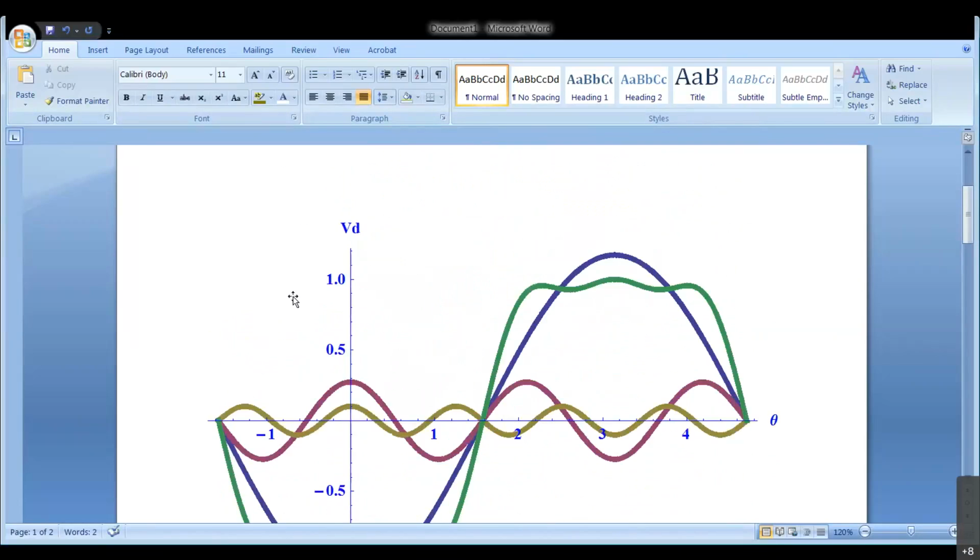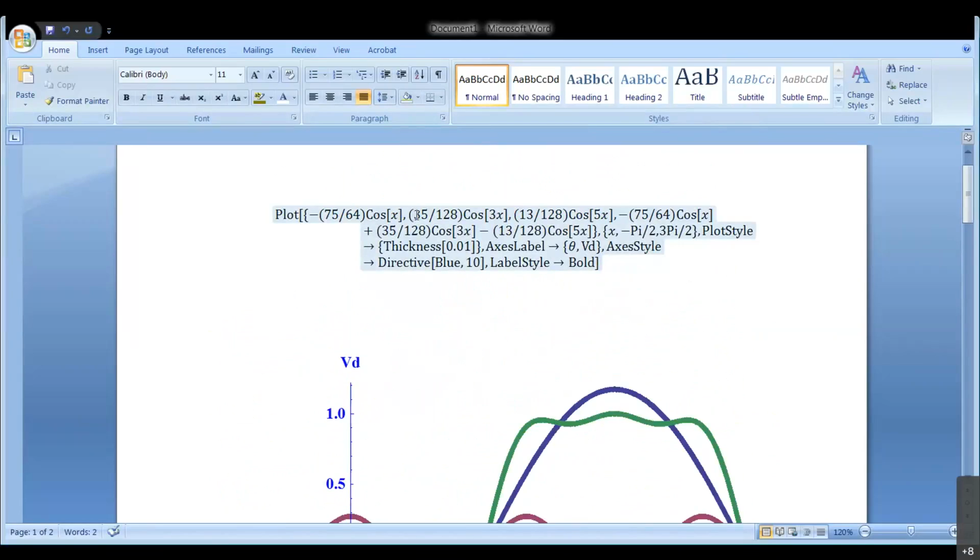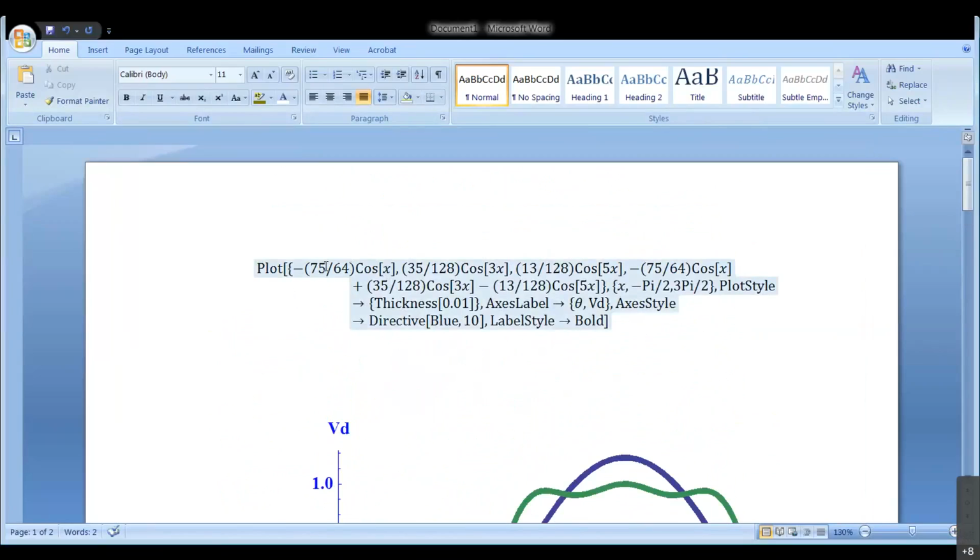Okay. So here what I have done, you can see three cosine functions. The fundamental, which has amplitude 75 by 64. Third harmonic cos 3x, amplitude 35 by 128. And fifth harmonic cos 5x, with amplitude 13 by 128. Right.